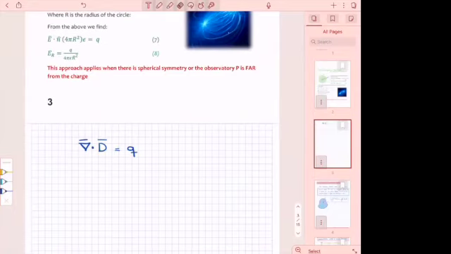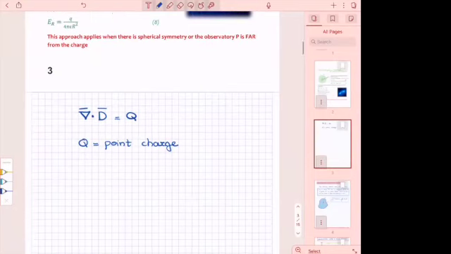And since we have seen this Q, so if we have a point source Q, a point charge, where Q is the point charge, and this is Gauss's law. So that is a very important property.